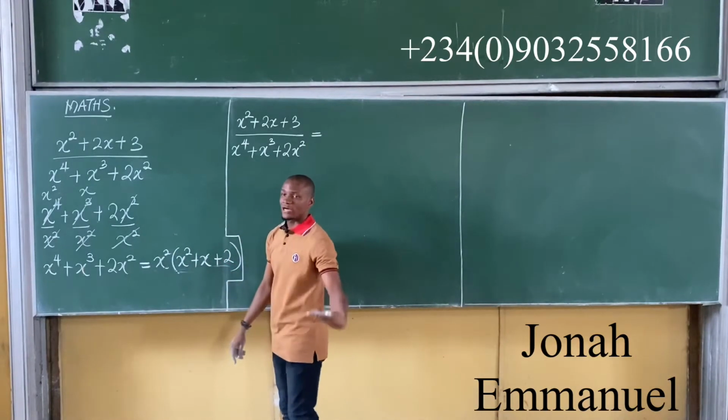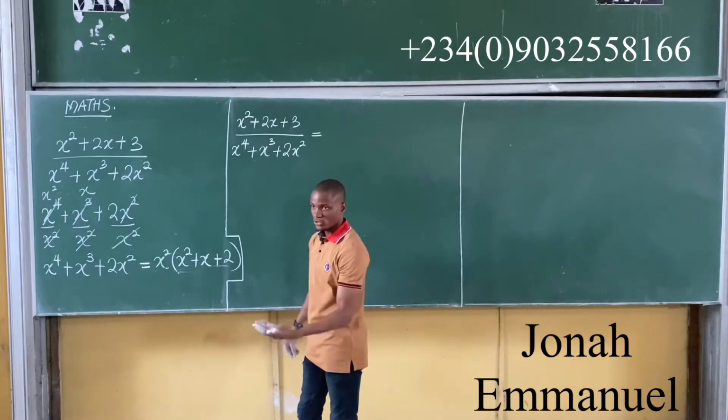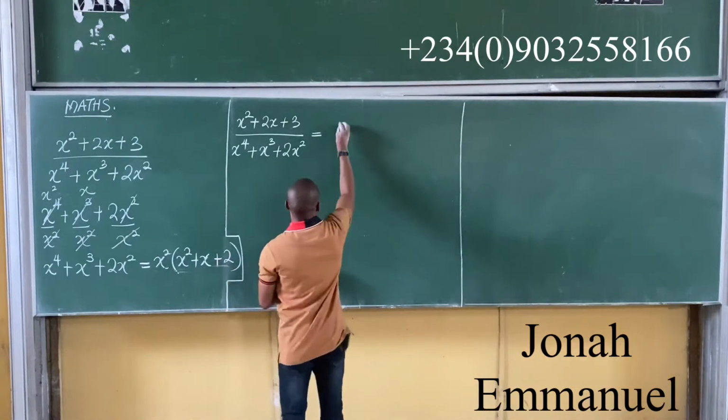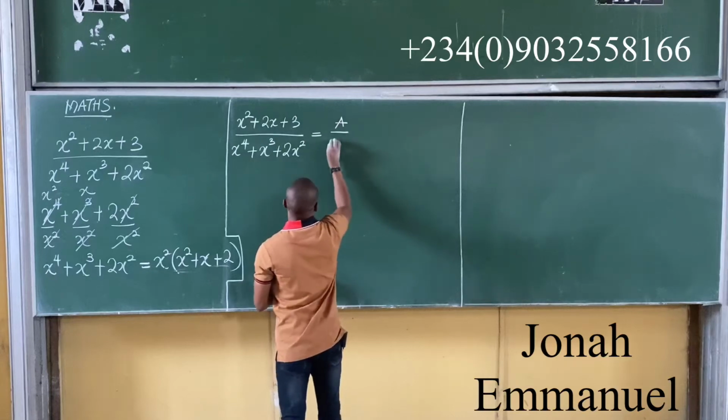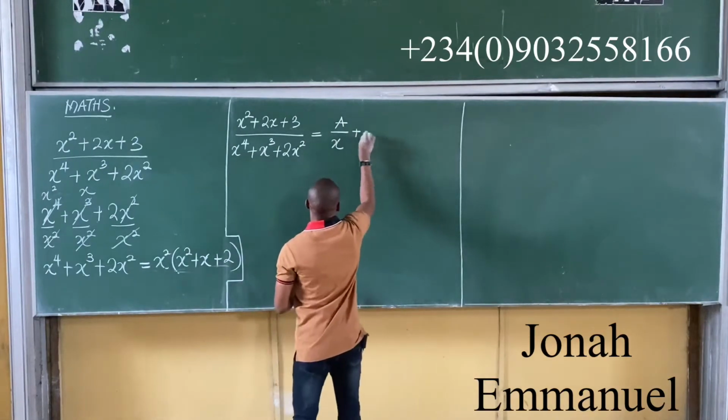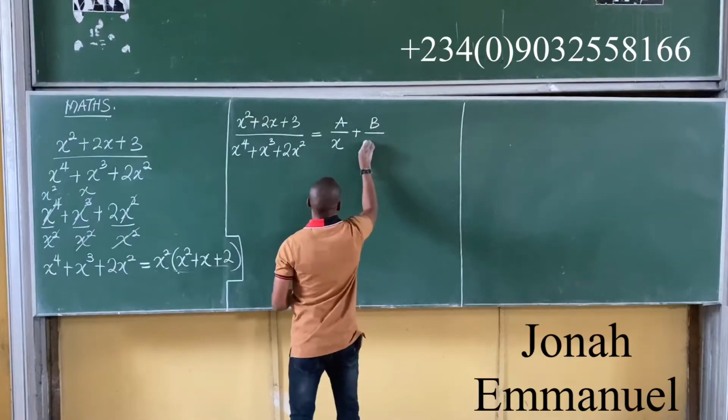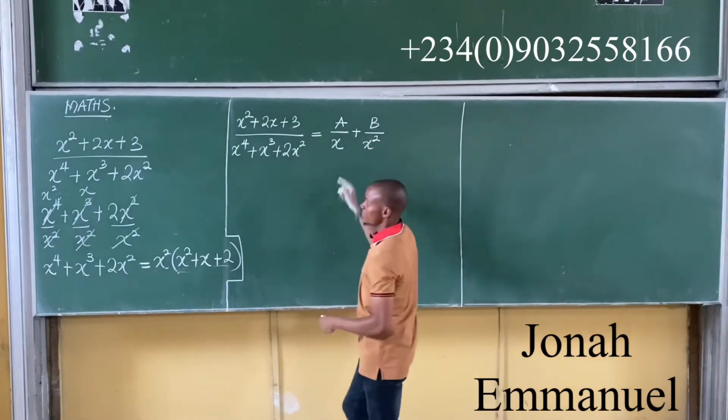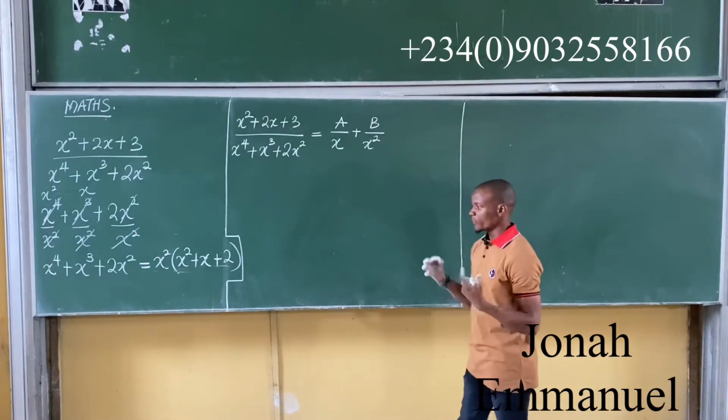X squared falls under root 2, which is a repeated root. So my form becomes, first of all, A over x plus B all over x squared. This concept is from root 2, when we dealt with repeated roots.